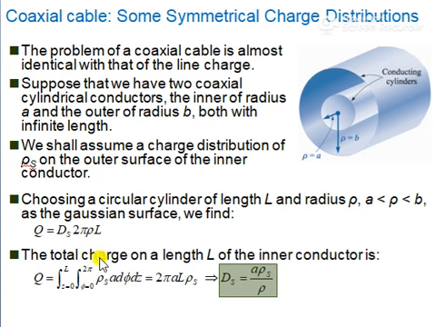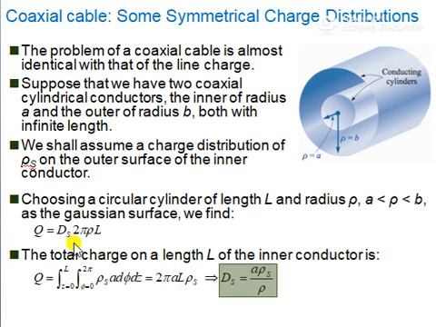So the total charge on the length of the inner conductor will be Q equal to the integration of z from 0 to L, phi from 0 to 2 pi, rho s A d phi dz. This will become 2 pi A L rho s after integration. So therefore D rho is equal to A rho s by rho.